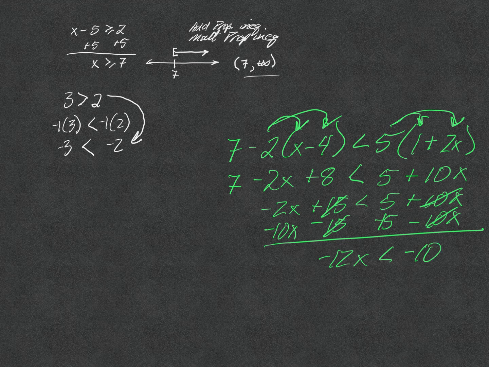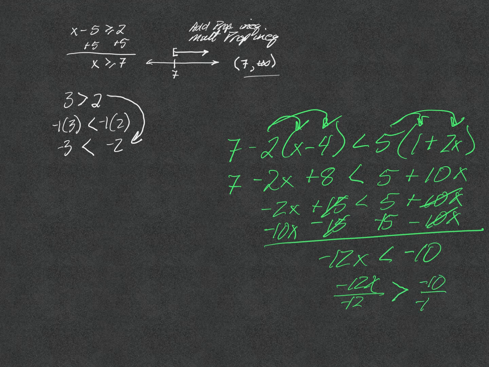But what I want you to notice is I'm going to divide by a negative. So the one thing I do to not make a mistake, since I'm going to divide by a negative, I rewrite it, change the inequality. So I don't do it right underneath.